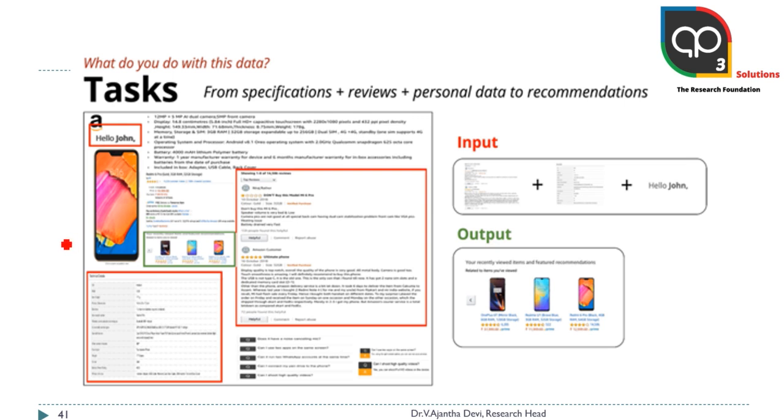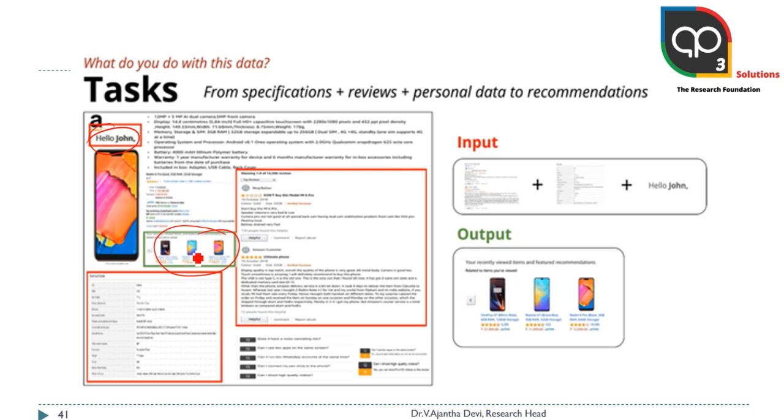So what you could do here is that you have information about a user, and you know that this user is John, and you know which product page he is looking at currently. So what are the different attributes of that page, and based on that you could recommend.